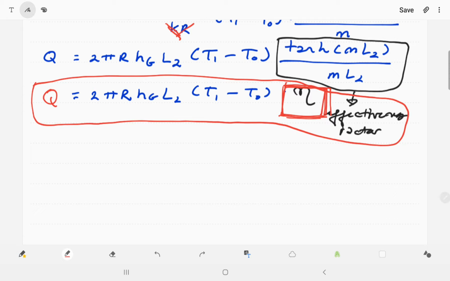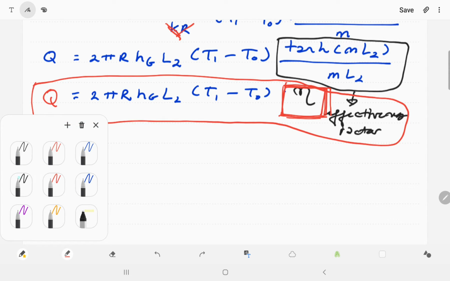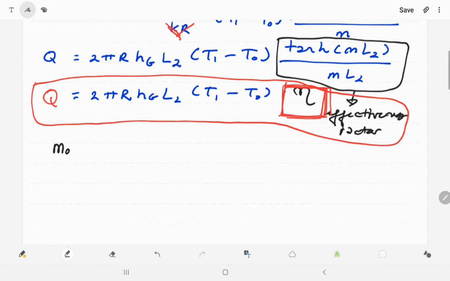Now, if we remember, we go back into our modeling level 1.